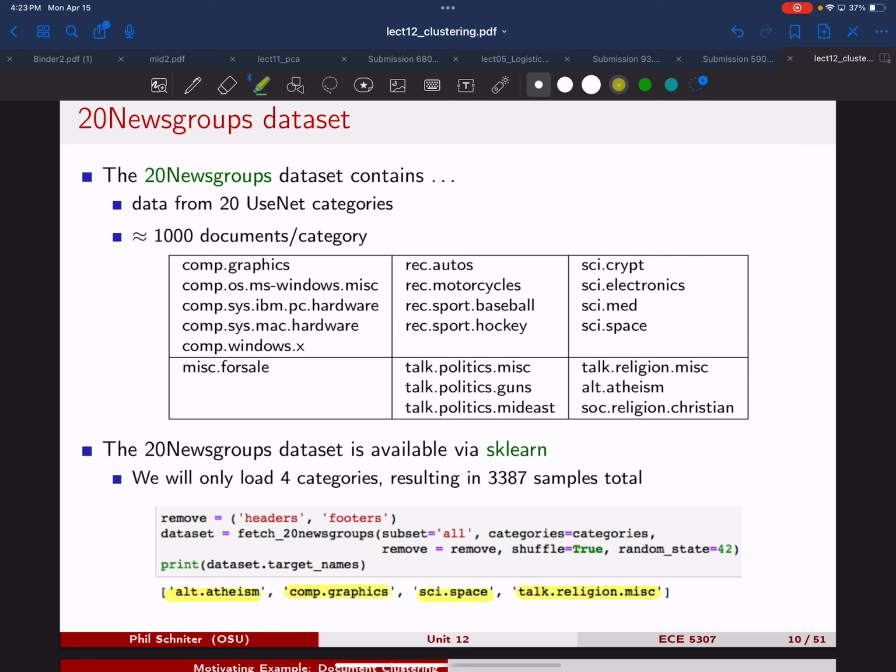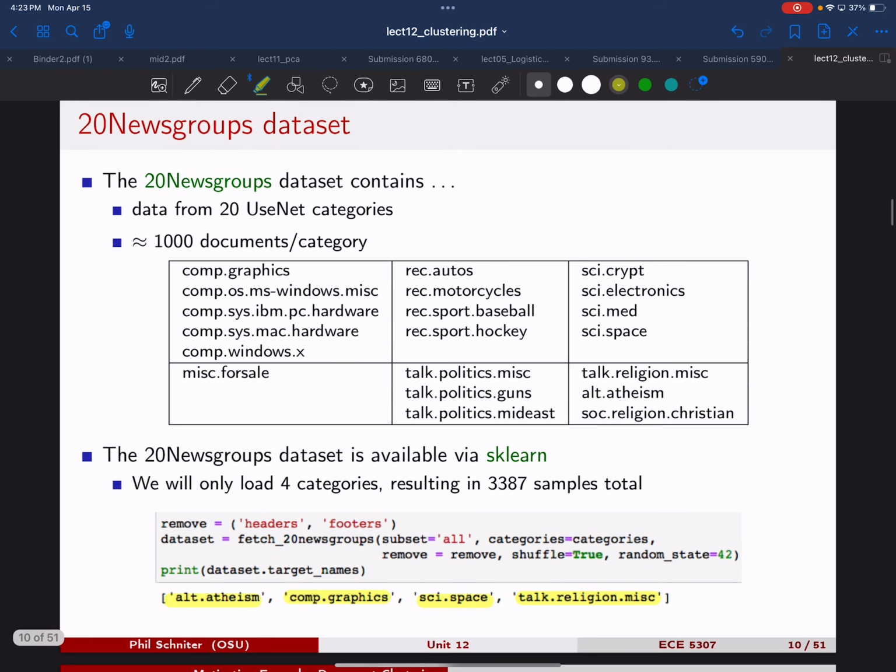So just looking at these categories, do you think that these are going to be easy to cluster or not so easy to cluster? So I see some, Jack, why do you think not so easy? So I feel like the alt.atheism and the talk.religion could have a lot of overlap.